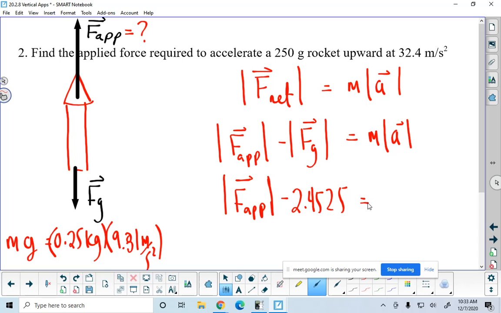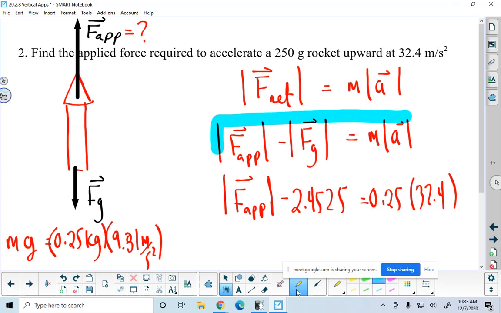Equals the mass, which is 0.25 kilograms, times the acceleration, which is 32.4 meters per second squared up. So this, I want to be very clear, this formula here is only for a situation where you're applying a force upward to an object to accelerate it upwards against gravity.